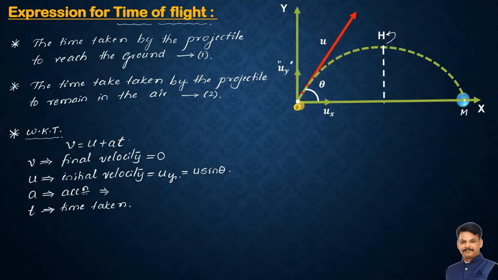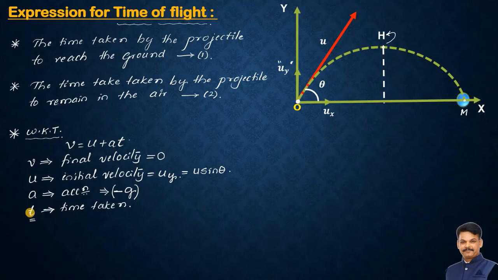As the projectile is moving upwards, the acceleration due to gravity is represented by minus g. Hence, acceleration is nothing but acceleration due to gravity, and it is minus g. And we need not worry about the time. So, time taken is considered as small t only.